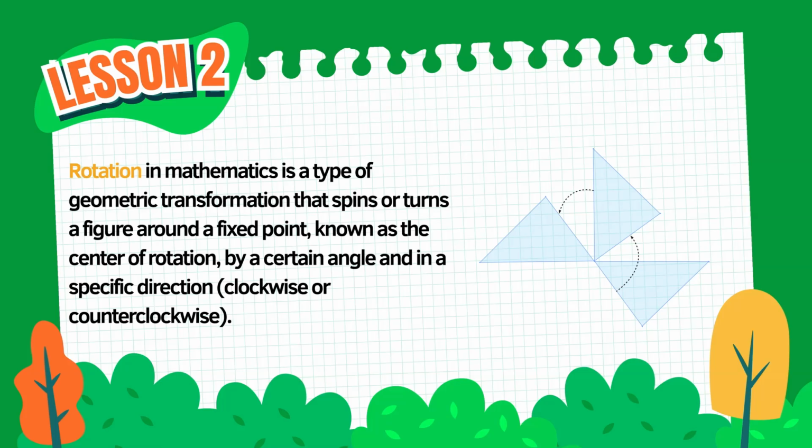So this will be the formula to get the new coordinate of the point. Y prime is equal to x minus h, instead of cos we have sine, minus y minus k cos the angle plus k.